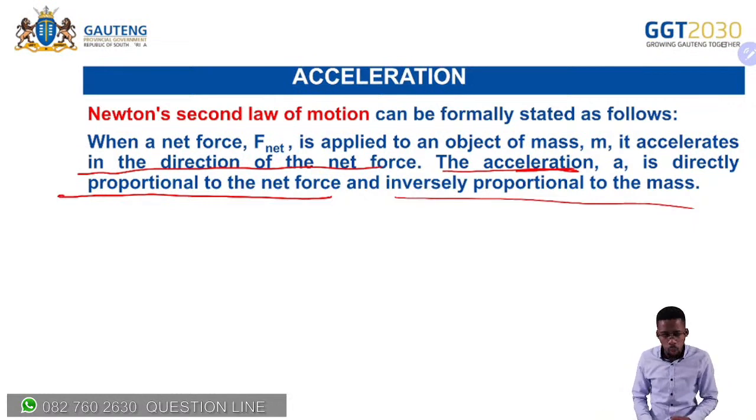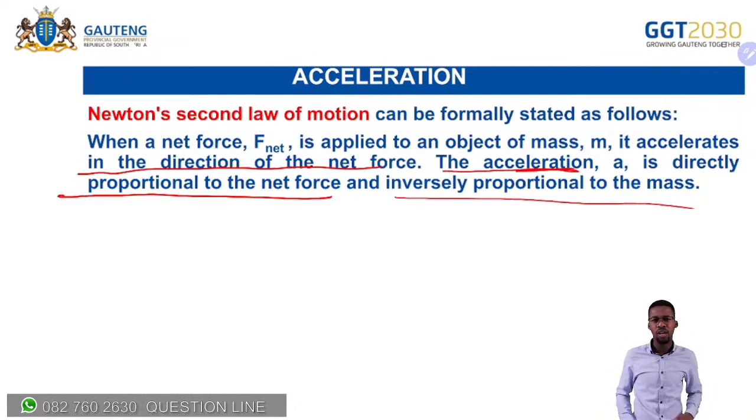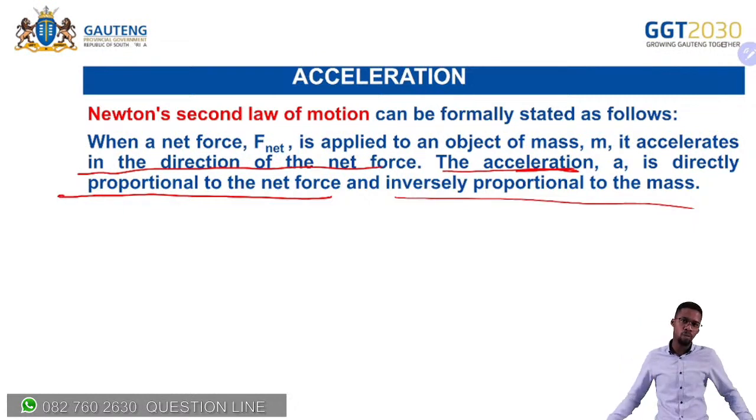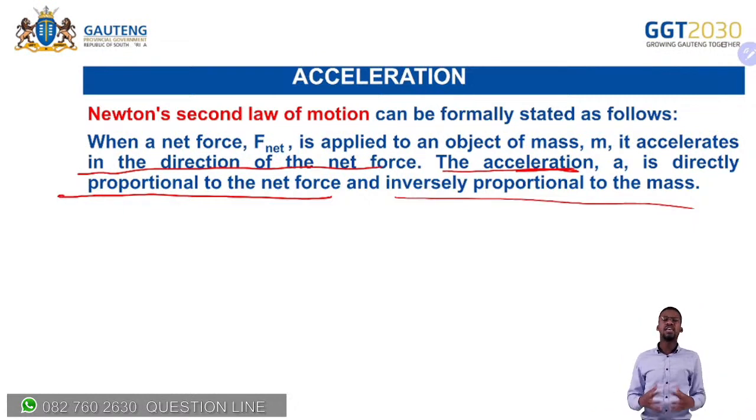So that is the key phrase here: acceleration is directly proportional to the net force and inversely proportional to the mass of the object. Let's sing this definition to ourselves. It's very important. Let's make sure that when it comes to definitions, we get total marks, 2 marks or nothing.